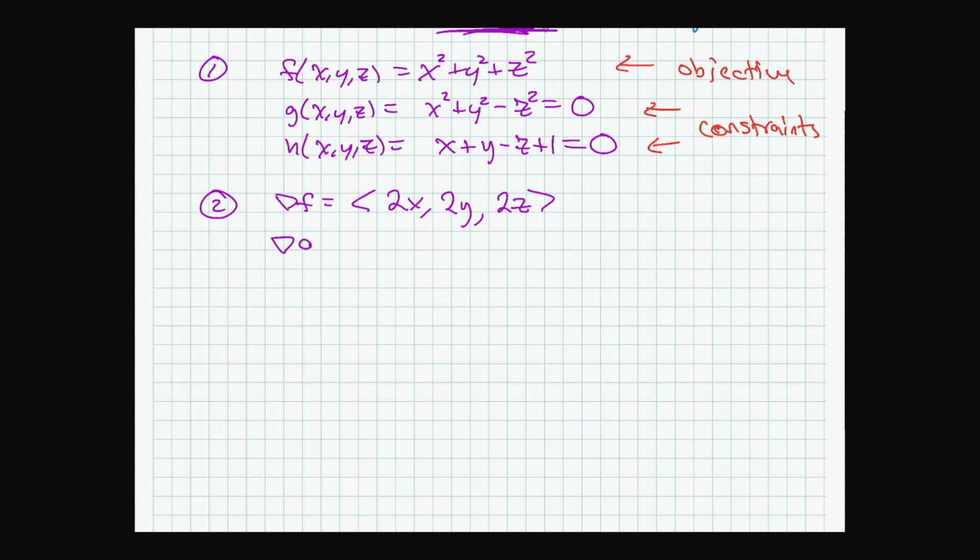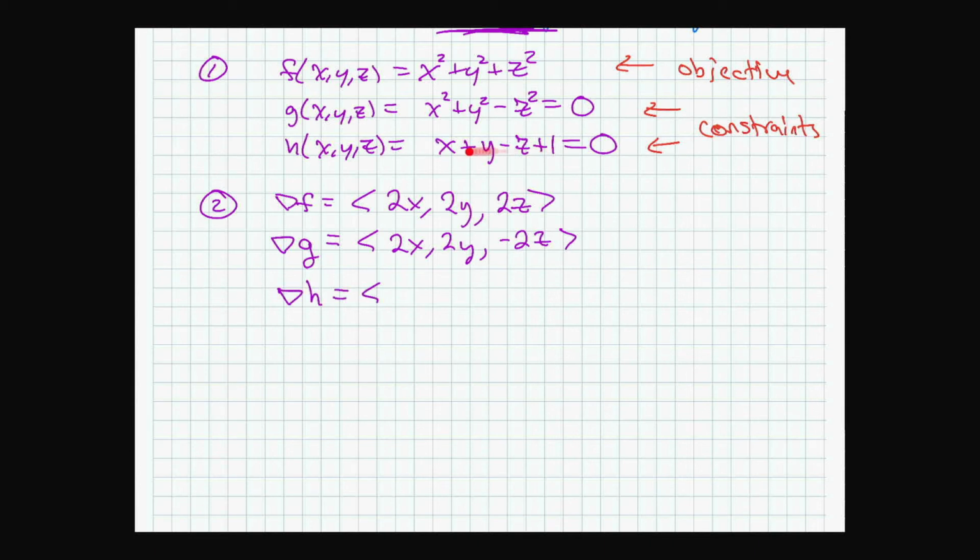Then we need the gradient of g. Very similar: x squared, y squared, and then negative z squared. So the gradient is going to be 2x, 2y, negative 2z. And then you've got your gradient of h.